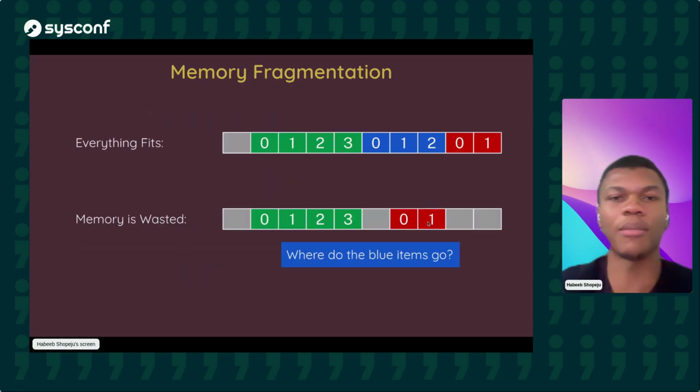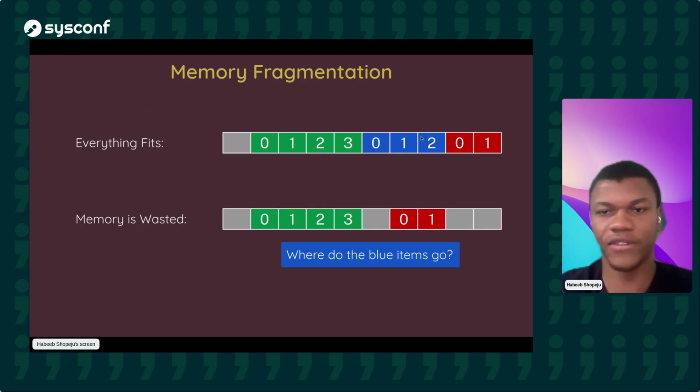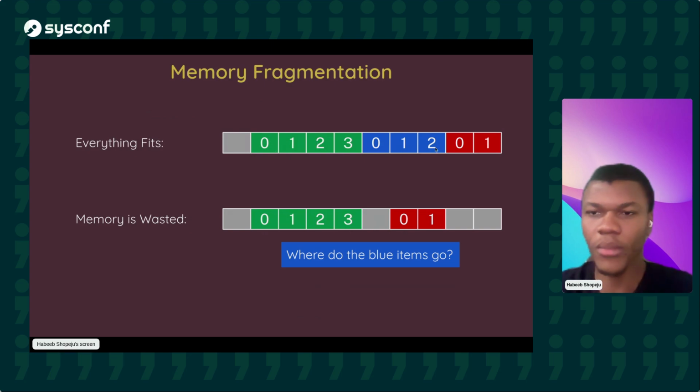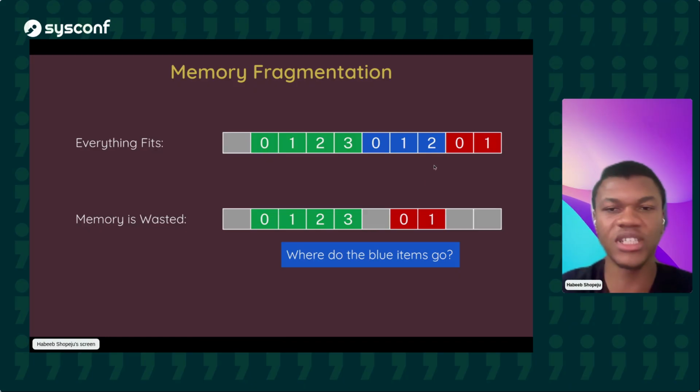But then it's problematic. Why? It's because of memory fragmentation. So imagine you have this as your memory, and then you try to fit all of this in. It fits in properly, right? But it's not always the case that you would have a perfect scenario where you can fit everything into memory this way.